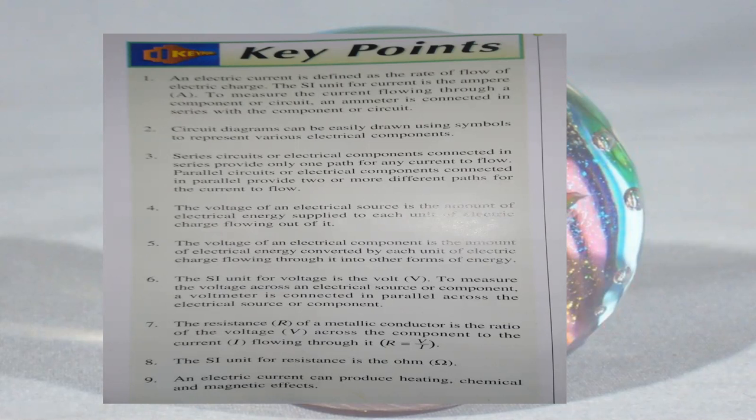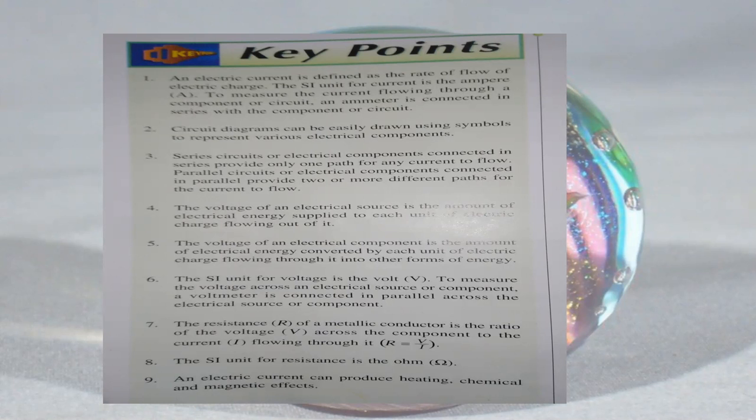Now what is ohm? It is named after a scientist. At the beginning of the 19th century, the German physicist Georg Ohm investigated the relationship between the current and the voltage in a metallic conductor. He found that if everything is kept constant, doubling the voltage would double the current.